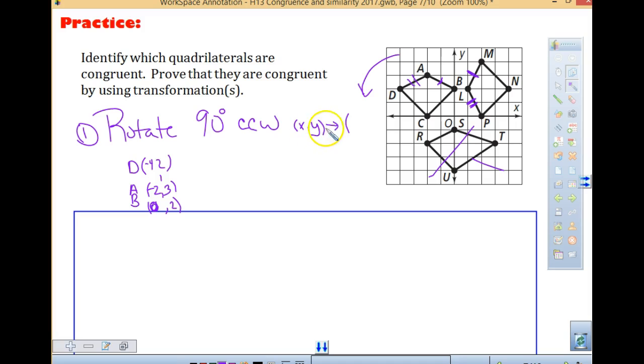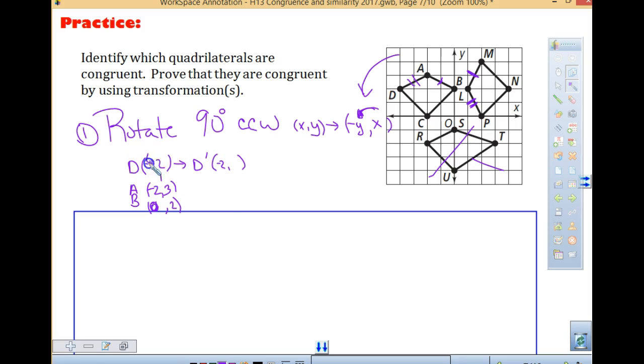So our rule is x, y changes, Robin, to what? When it's counterclockwise, which one changes to the opposite? I think it's -x. Counterclockwise. Put the arrow counterclockwise. -1. So D prime, Natalie, is going to be where? -2, -1.